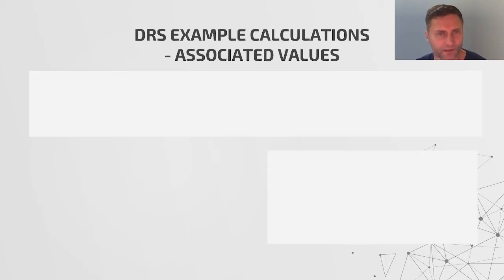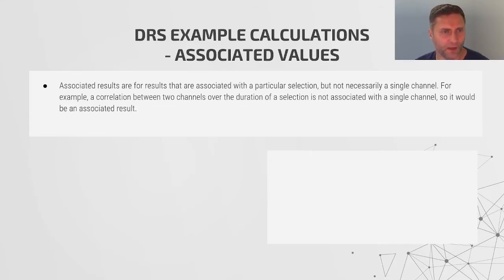And now finally, let's talk about calculating associated values, like I mentioned at the start of this presentation. So just to remind you, associated values are results that are associated with one selection, but not necessarily a single channel. So as I mentioned, a correlation between two channels over the duration of a selection would not be a normal result because it's related to two channels, but you could work it out as an associated result.